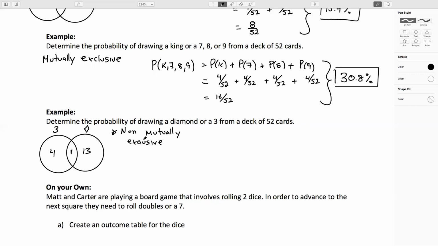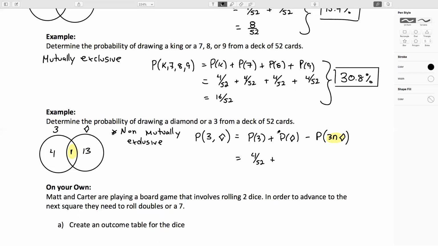So if we want to calculate our probability, the probability of getting a 3 or a diamond equals the probability of a 3 plus the probability of a diamond minus the probability of 3 intersect diamond. And the intersect is this part that's both. So there's 4 3s in the deck, so the probability of getting a 3 is 4 over 52.